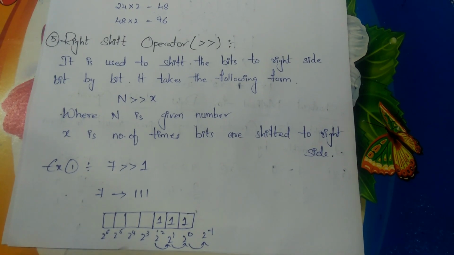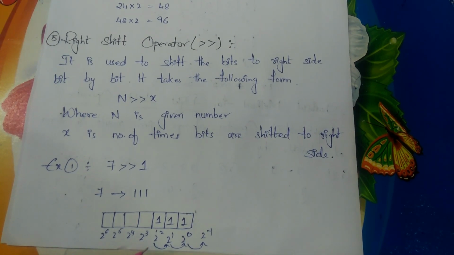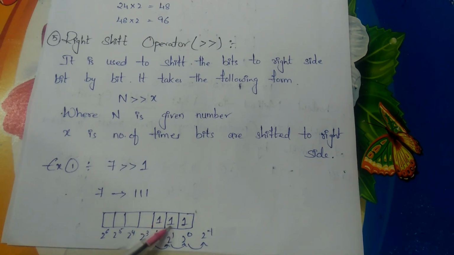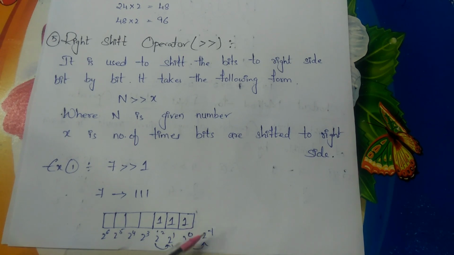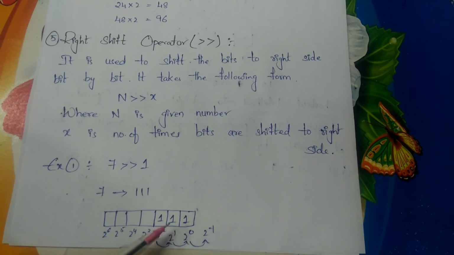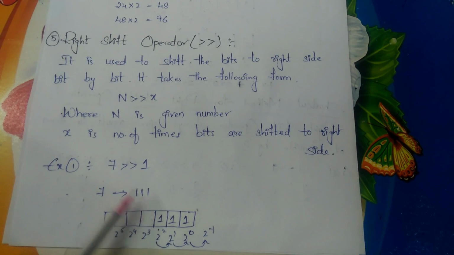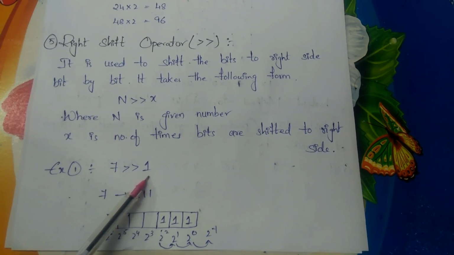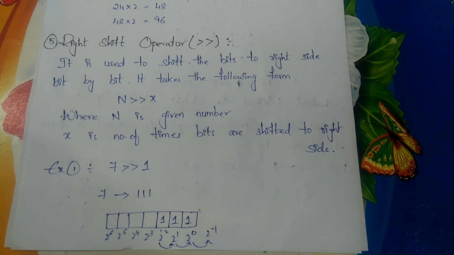Now we have to shift these bits to the right side. Now this 1 is shifted to the 2 power 1 place, and this 1 is shifted to the 2 power 0, and this 1 is shifted to the 2 power minus 1 place. So each bit is moved to the right side one time, because this is 7 right shift operator 1. So only one time we have to move.